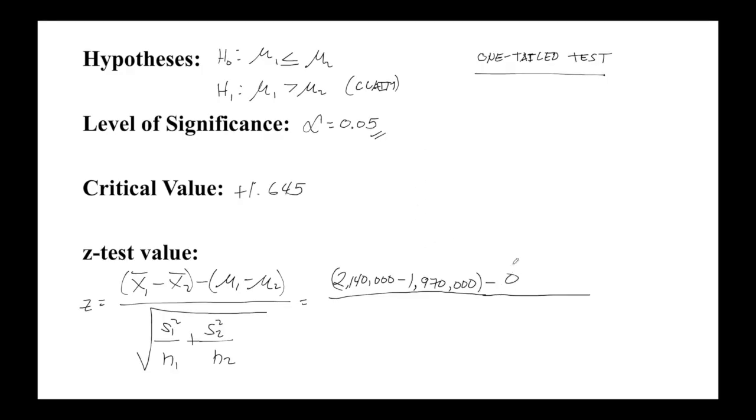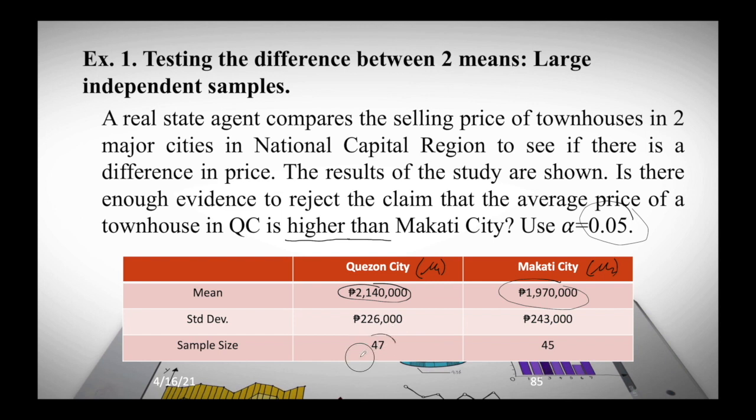So 0 over the values of s sub 1 squared, s sub 2 squared, n sub 1 and n sub 2. Here, n sub 1 is 47, and s sub 1 is 226,000, which is just a standard deviation.